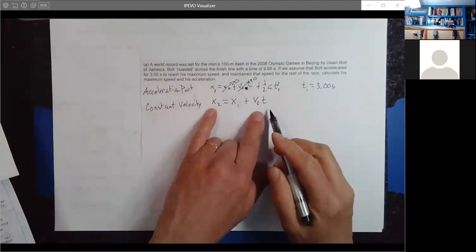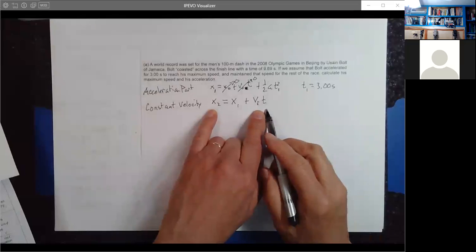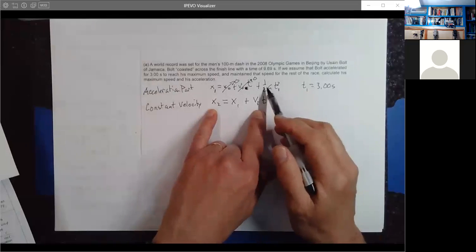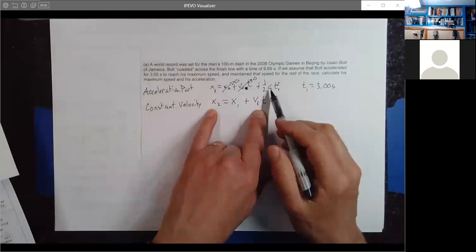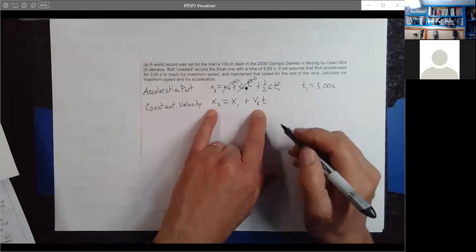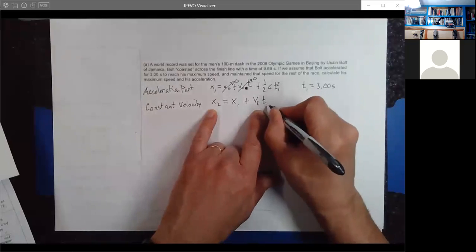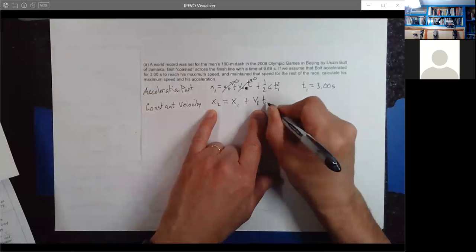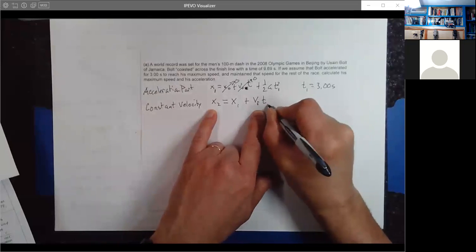And so this is a constant velocity equation. Now, there's another equation that I could have written for this that I haven't yet, but I'll bring it down here. And this time interval, I'll call T2.